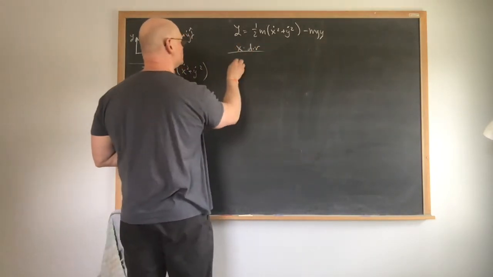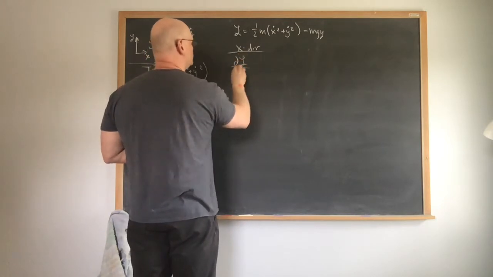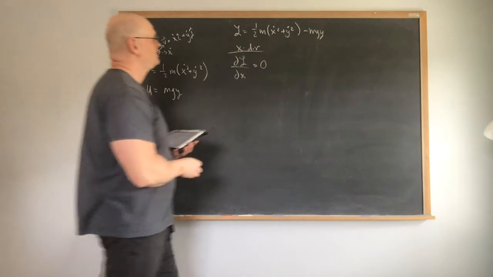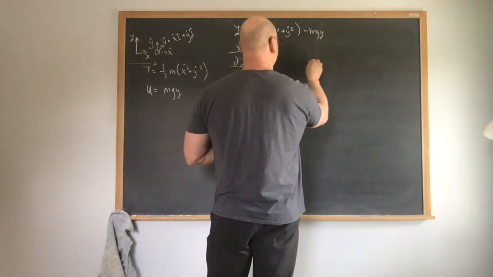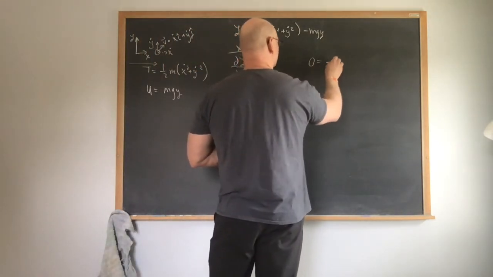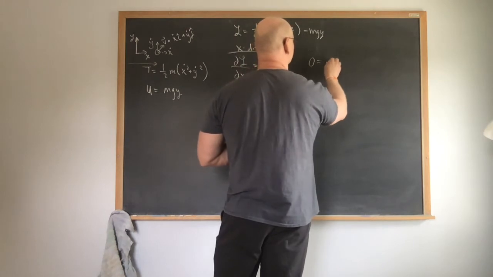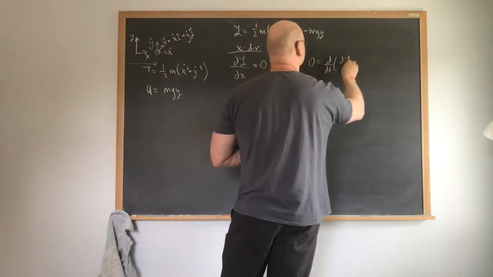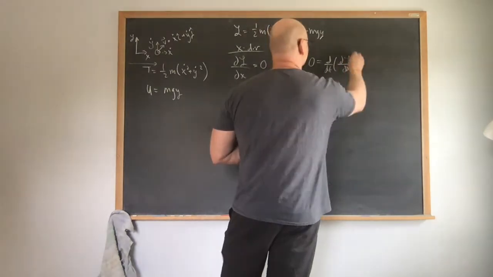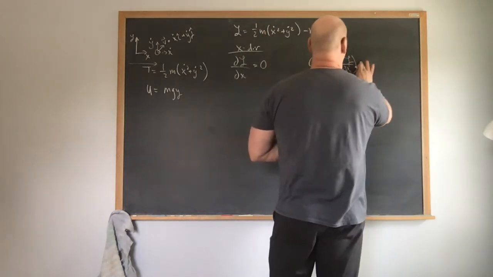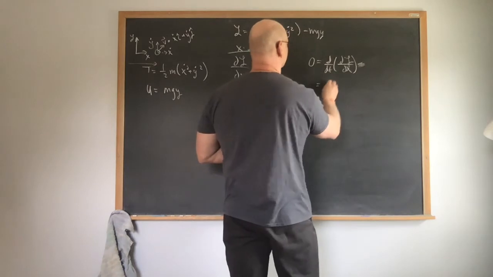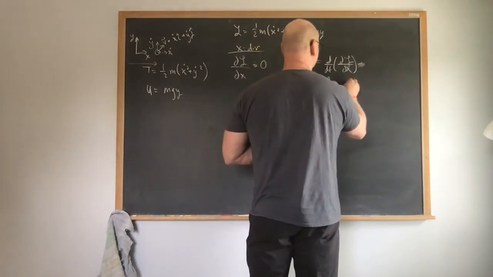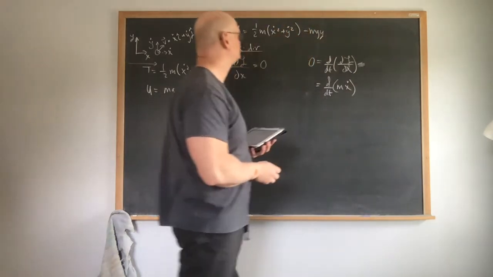For the x direction, the partial of the Lagrangian with respect to x is simply equal to 0, which means our equation of motion is going to become 0 is equal to simply what? The derivative with respect to time of the partial of this with respect to x dot, which is the time derivative of the mass times the velocity.